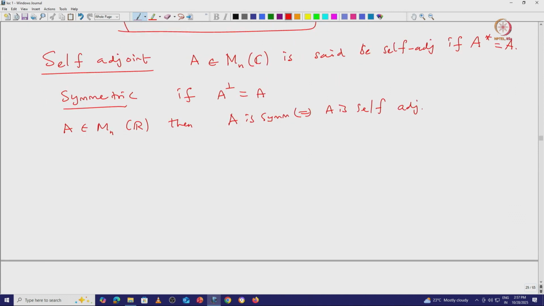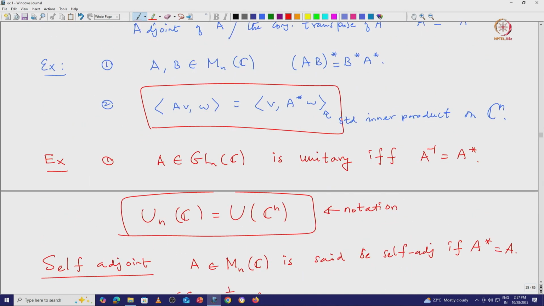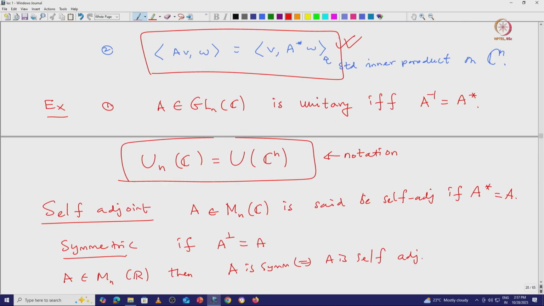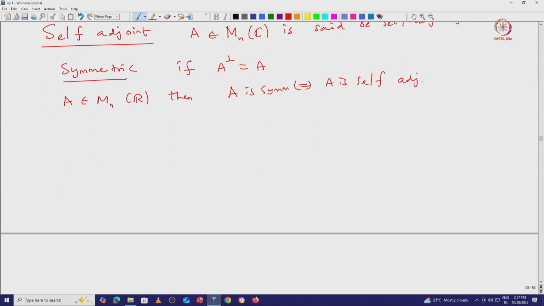Similarly, one can use this equation to define the adjoint of an operator on any given inner product space. So, let us define the adjoint of an operator T acting on an inner product space V over complex numbers.